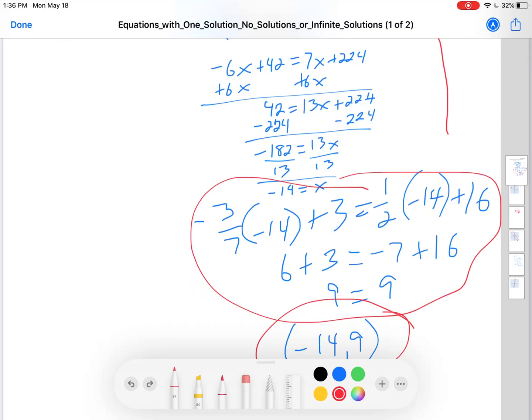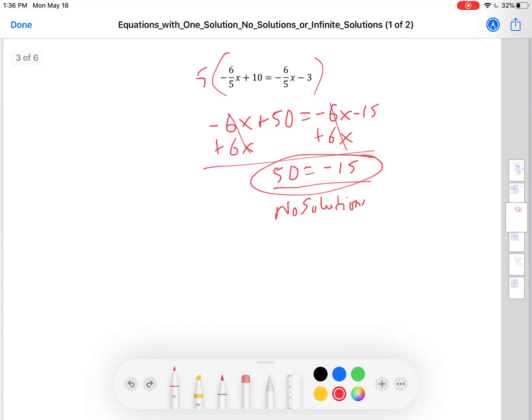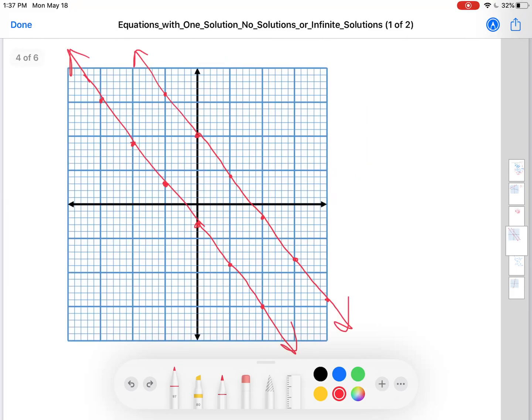All right, so one solution, you get a solution. A number equals x, x equals a number. You check it out. It all works. Graphically, they have one point of intersection. Done. No solutions. You end up with a statement where one number equals a different number. One number can never equal a different number. This equation and others like it have no solutions.